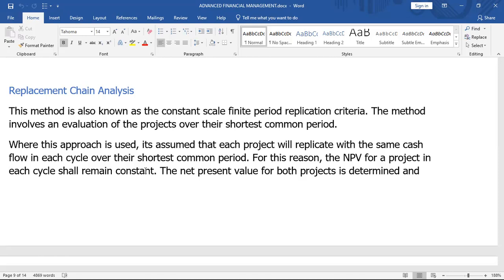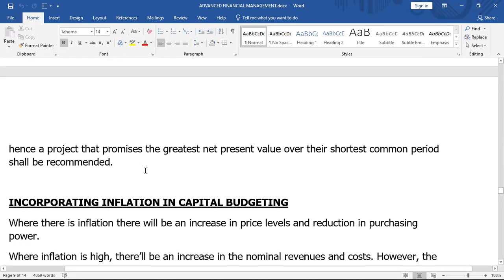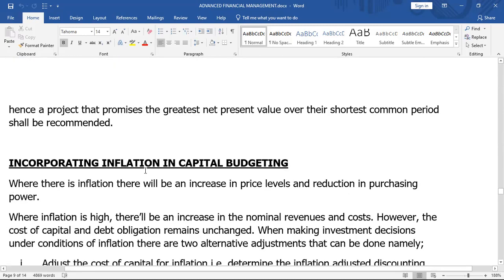For this reason, the NPV of a project in each cycle shall remain constant. The net present value for both projects is determined, and hence the project that promises the greatest net present value over their shortest common period shall be recommended. And we can look at how the replacement chain normally works.